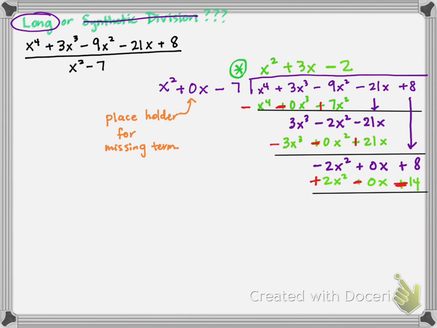And 8 minus 14 is negative 6. So our final answer of this problem is going to be x squared plus 3x minus 2 plus negative 6 over x squared minus 7.